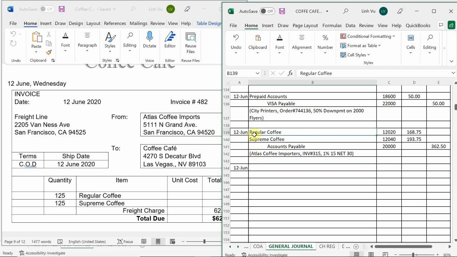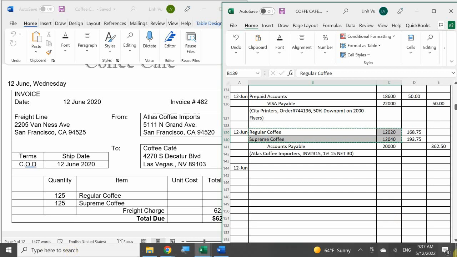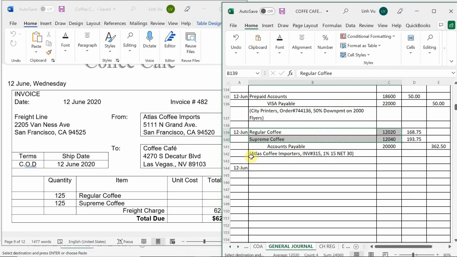It means I'm going to shove it into my inventory accounts because it's part of the cost of inventory. I'm not going to pocket this myself and pay for it as an expense. I'm going to include it in the cost of my inventory. So therefore, it's going to be placed into inventory.